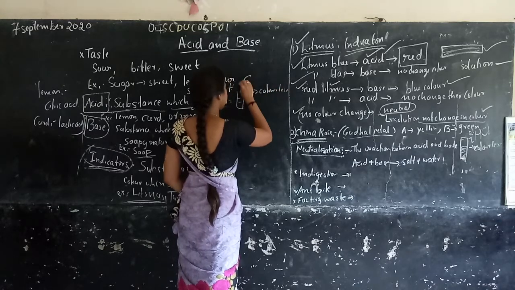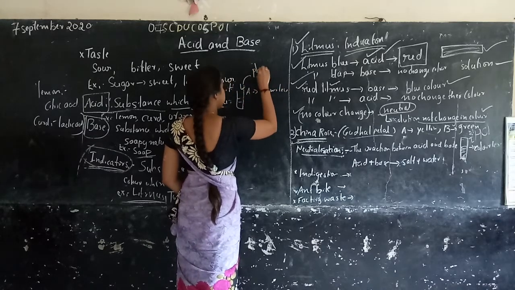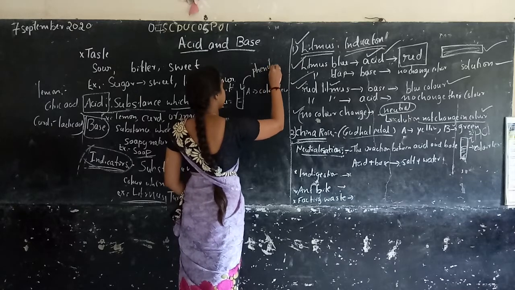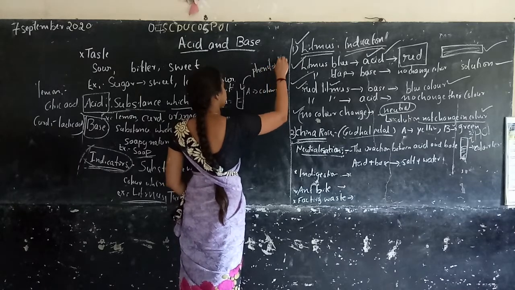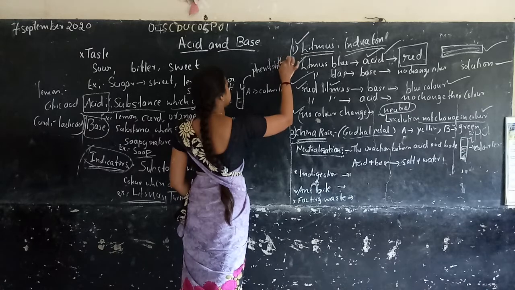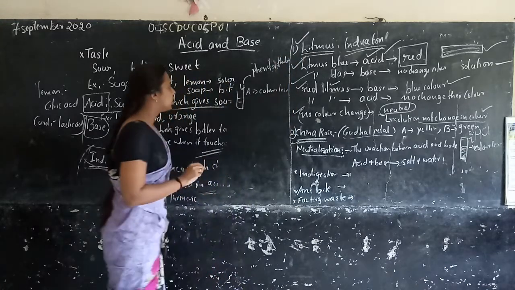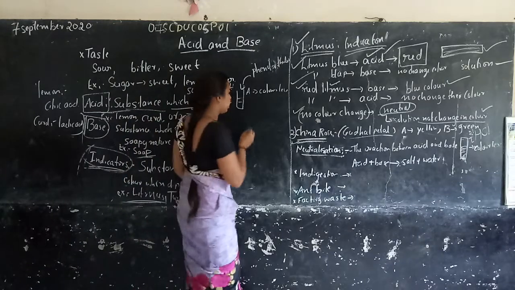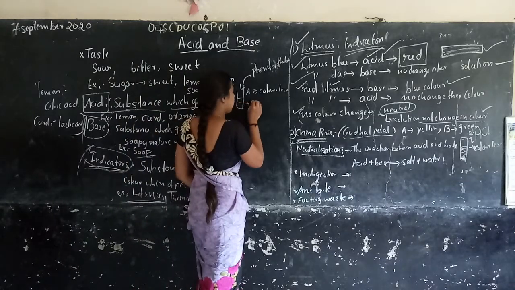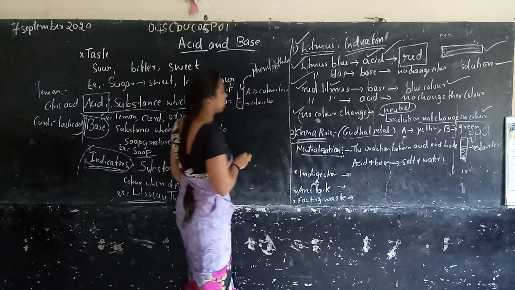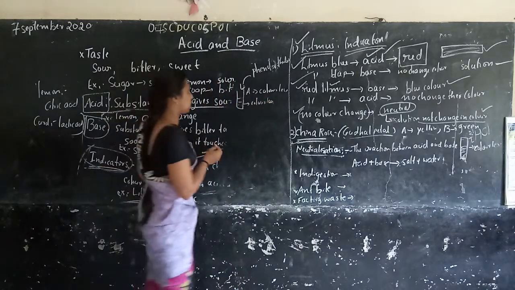So I am adding phenolphthalein. It is one of the indicators, not a natural one. What happens when the indicator is added? It will also be colorless. So this is a colorless solution.